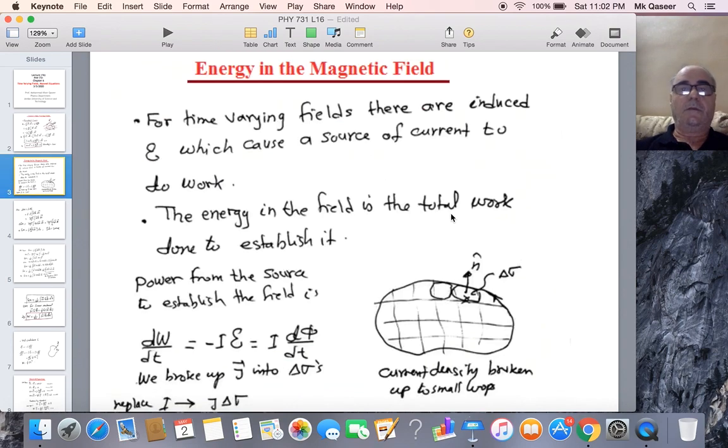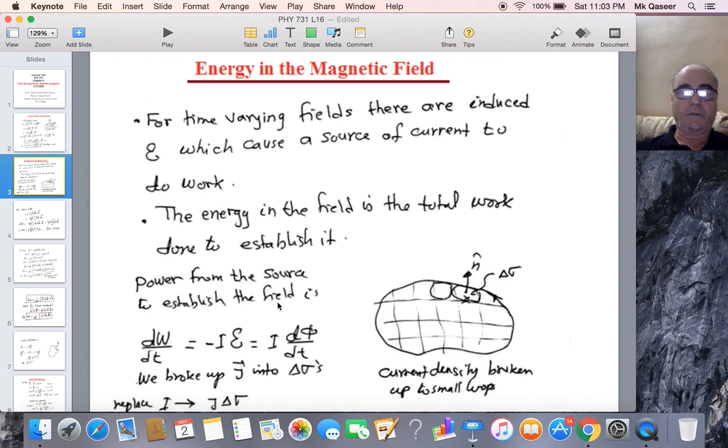Now let's talk about the energy in a magnetic field. For time varying fields, there are induced electromotive forces which cause a source of current to do work to keep the current density constant. The energy in the field is defined as the total work done to establish this field.